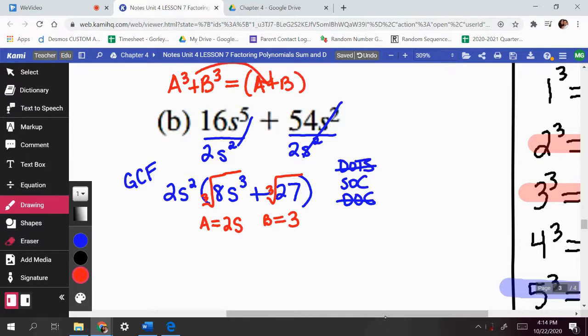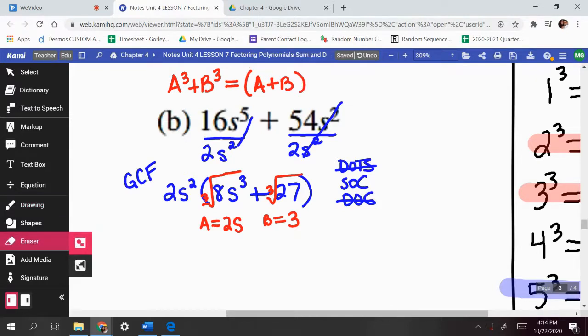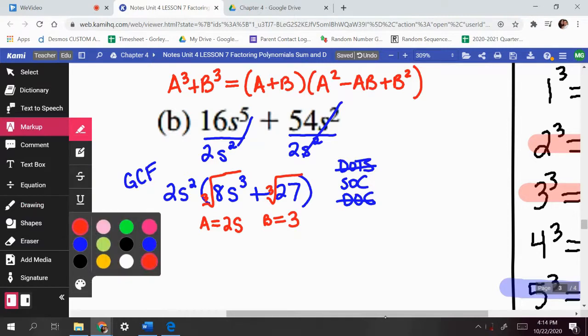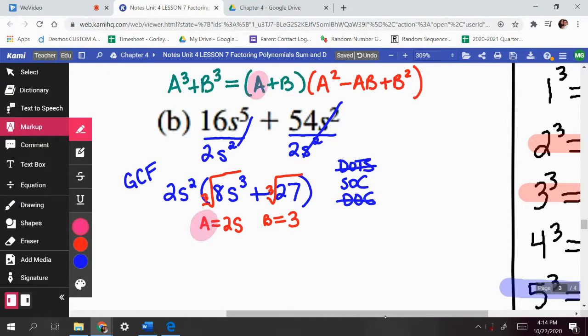See how that's a plus? Awesome. And then opposite in the second. So we'll have A squared minus AB plus B squared. Okay. So everywhere I see an A, I'm going to be plugging it in for A in my rule. And everywhere I see a B, I'm going to be plugging it in for B in my rule. I just did watermelon colors. I didn't even realize that.